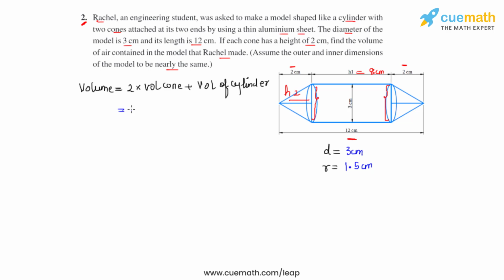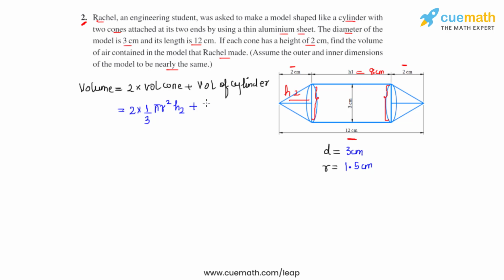The formula to find the volume of a cone is 1 by 3 pi r square h. So here we write it as 2 times 1 by 3 pi r square h2, as h2 is the notation that we have used for the height of the cone. We have not written 1 or 2 for r because r is the same for both the cylinder and the cone.